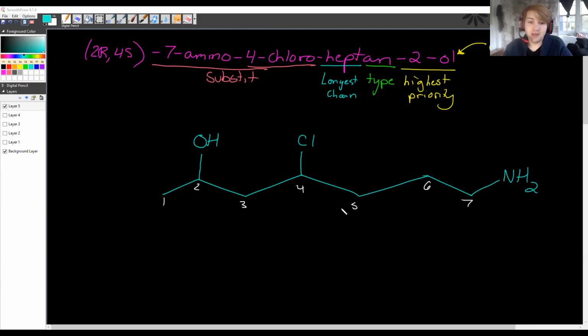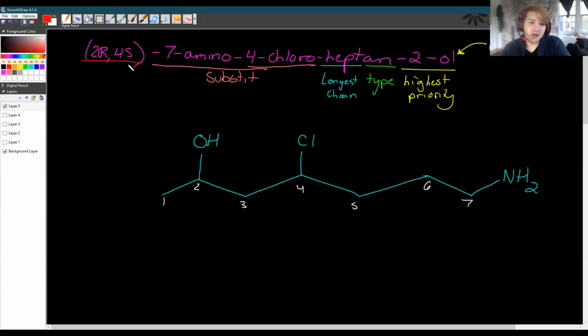All right. So now we've drawn the molecule, but now we need to do this last part, which is the stereochemical designators. What I'm going to do is, it tells me exactly where these stereochemical designators are.